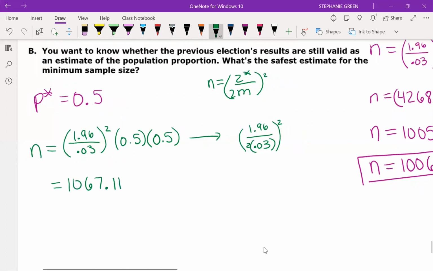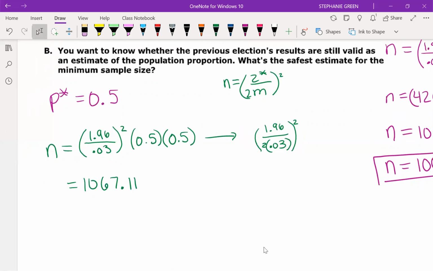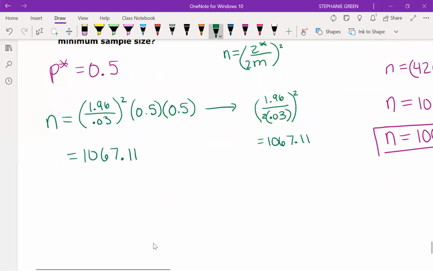Watch if I use the alternative formula. You should get the exact same answer. My denominator here is 2 times 0.03, which is 0.06. So I divide and then square, and voila, I get the exact same answer, 1067.11.